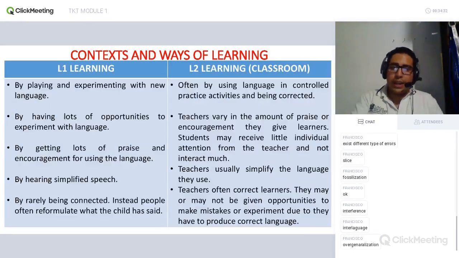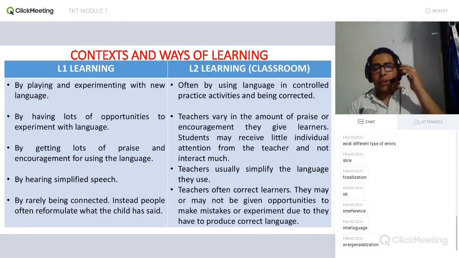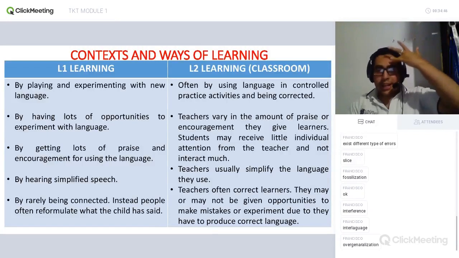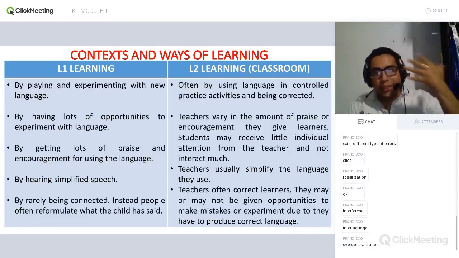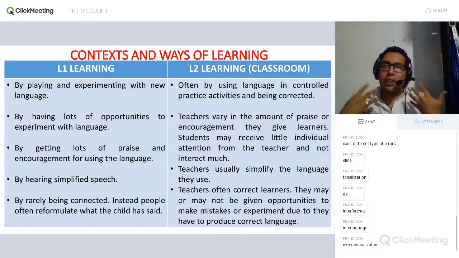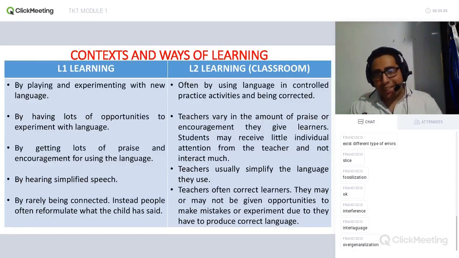And also we were talking about, for example, in L1, we learn by playing because we have lots of chances. We don't really think about grammar. This is very spontaneous, let's say. Whereas in L2, it's more reduced because you need to learn a list of words, verbs, but they are limited, as you can see.